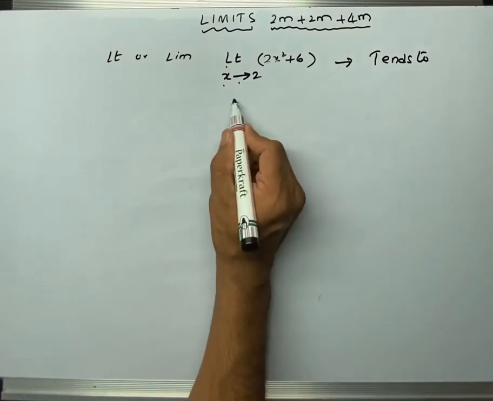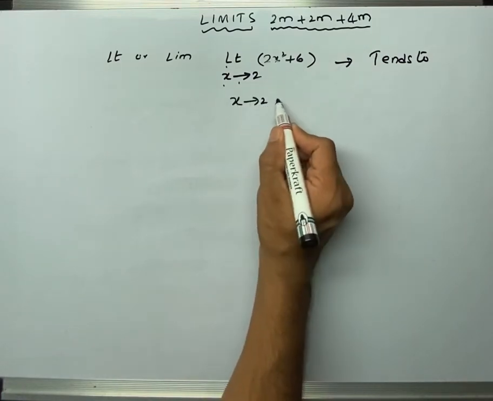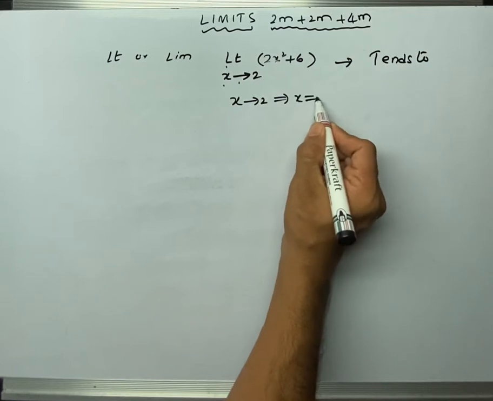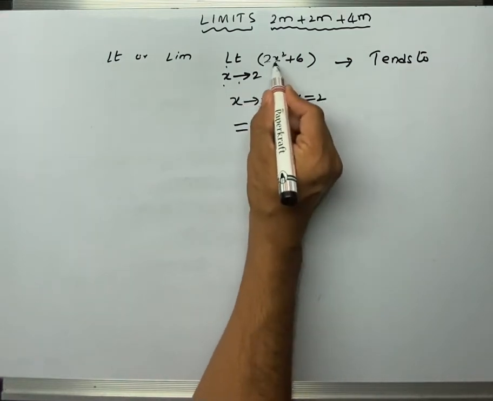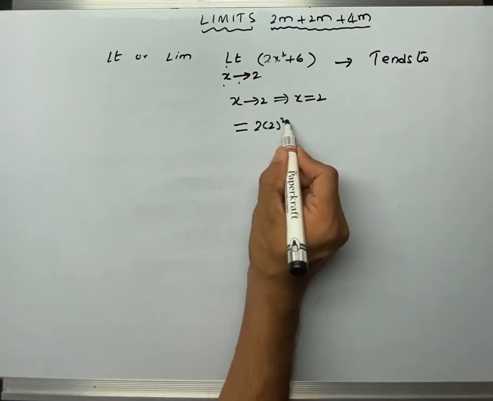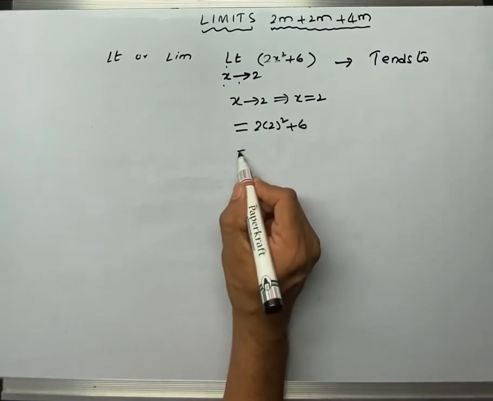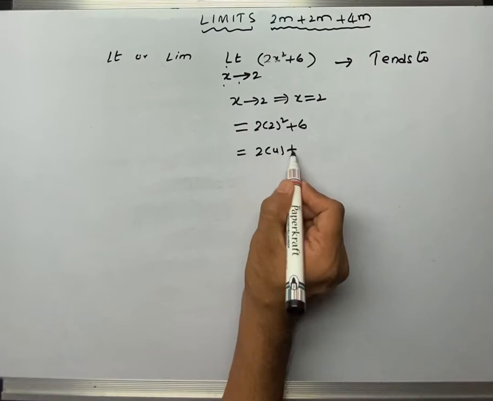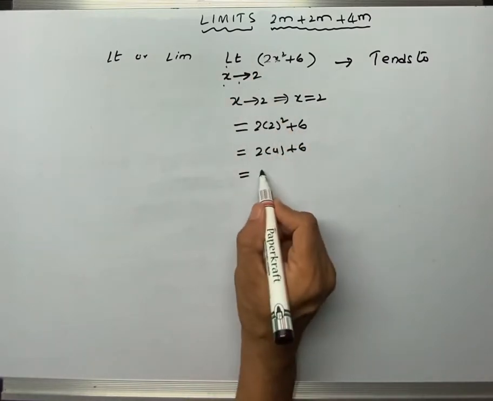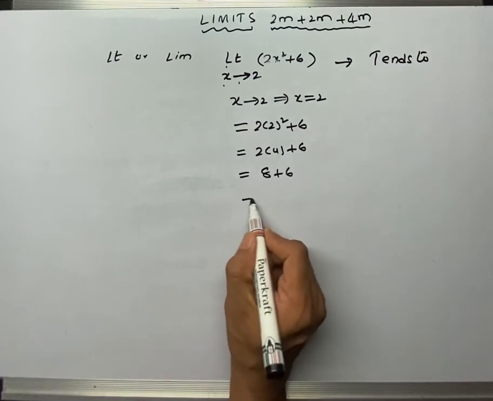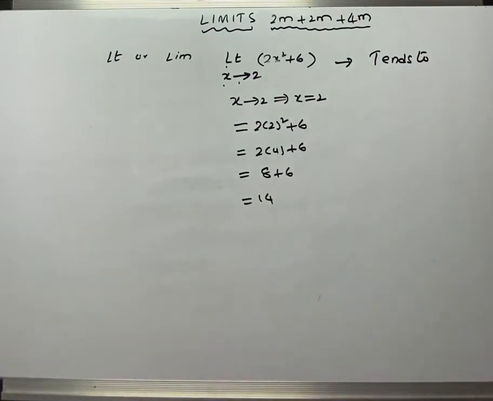X tends to 2 means X is equal to 2, whatever is given, that is the X value. Substitute in place of X. At the time of substitution, we will not take the limit. 8 plus 6, which is 14. In this way, we have to conclude.